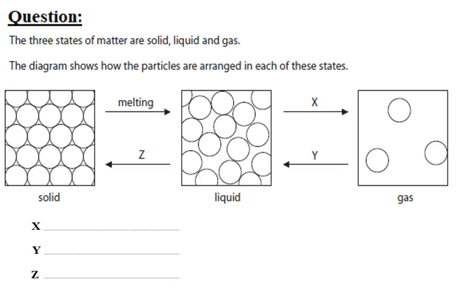So this question says the 3 states of matter are solid, liquid, and gas, and we have diagrams of beakers containing solid, liquid, and gas, and it's asking what arrows X, Y, and Z are. Remember, look at the direction of the arrow. So X is going from liquid to gas. Going from liquid to gas is boiling.